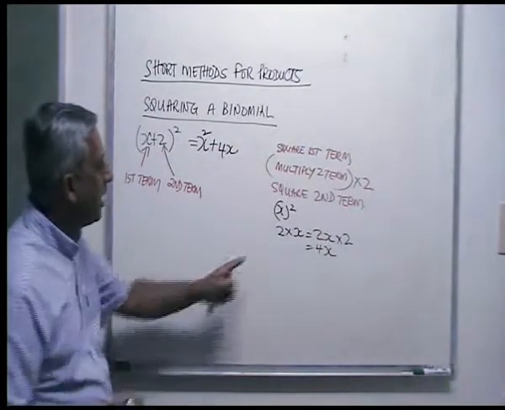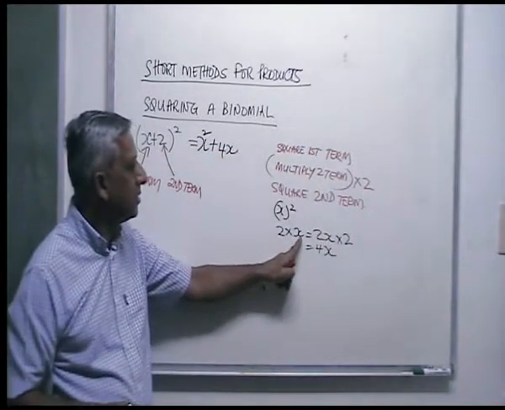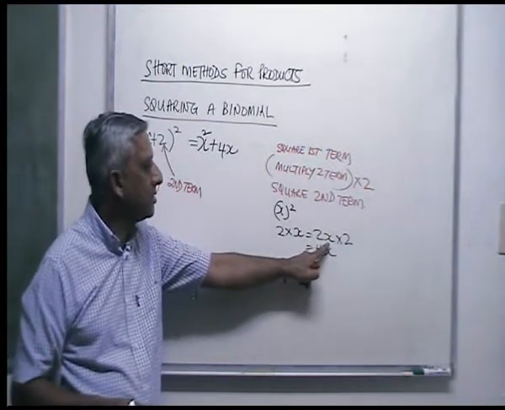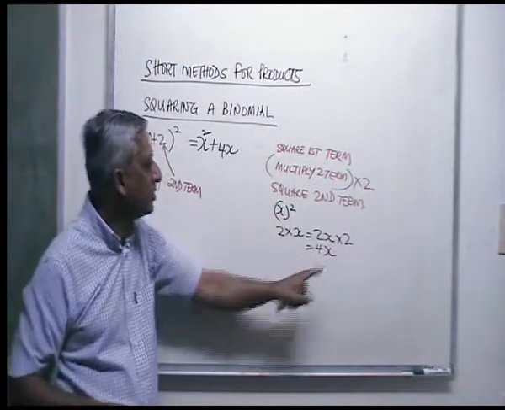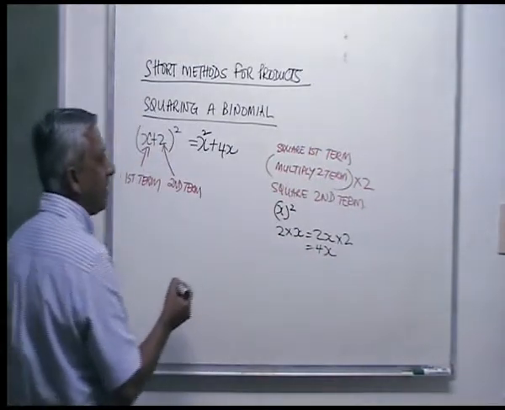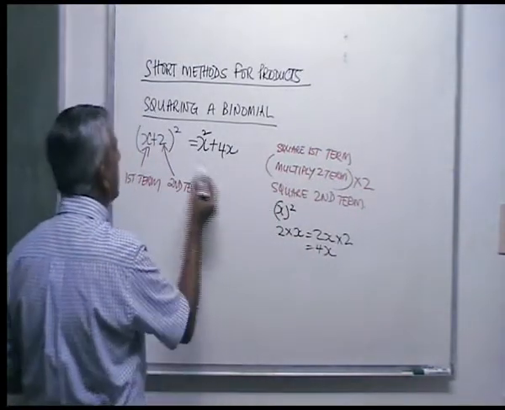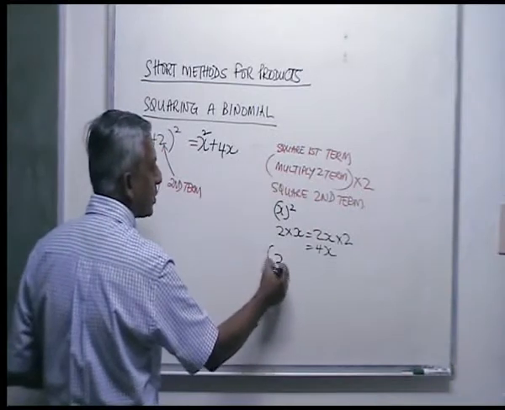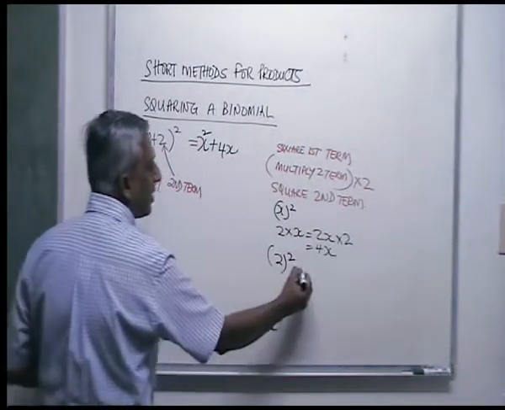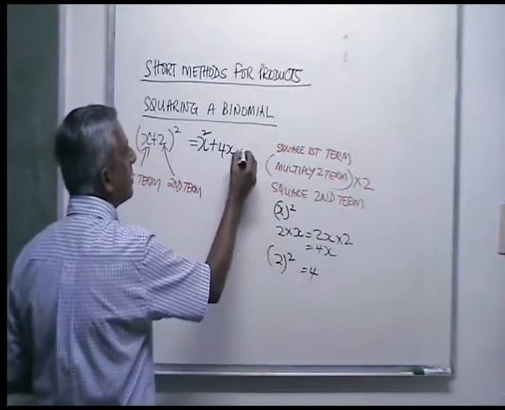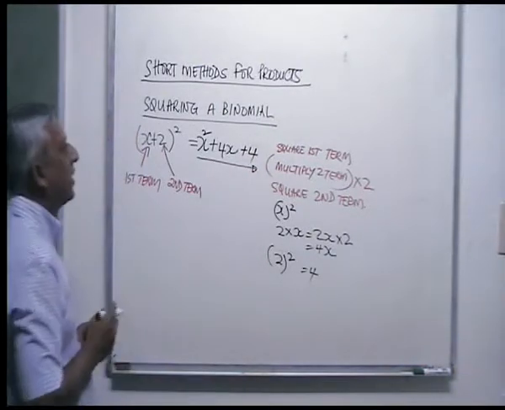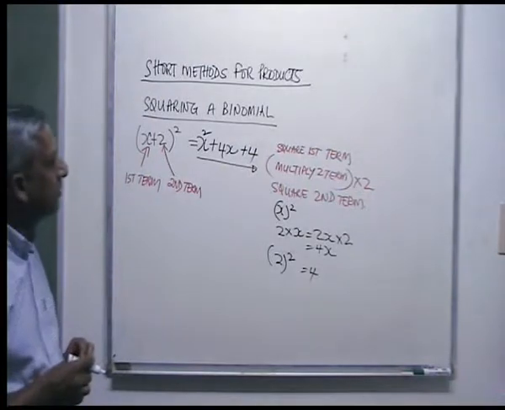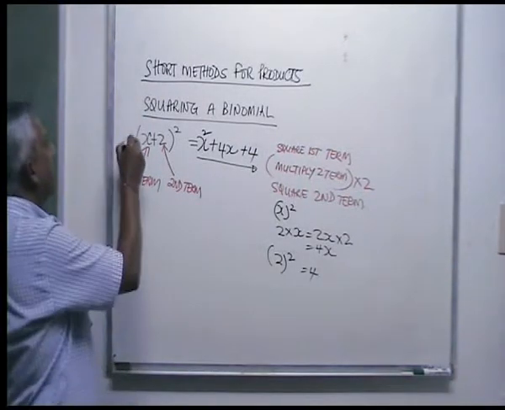You see, multiply the 2 terms, we got 2x, and then multiply it by 2, so you end up with 4x. And then finally, square the second term. So if you square the second term, it is 2, which has to be squared, which is 4. So plus 4. So that's your short method for squaring a binomial. Let's take another example.